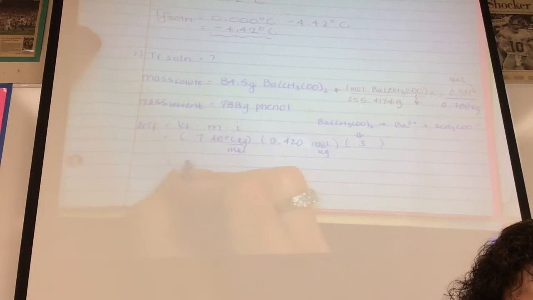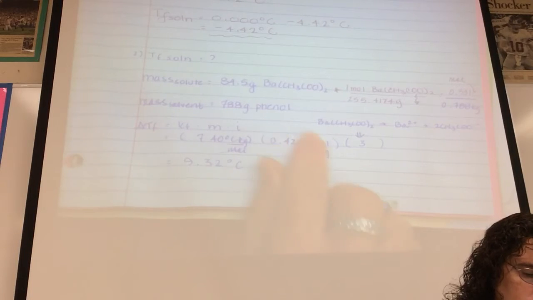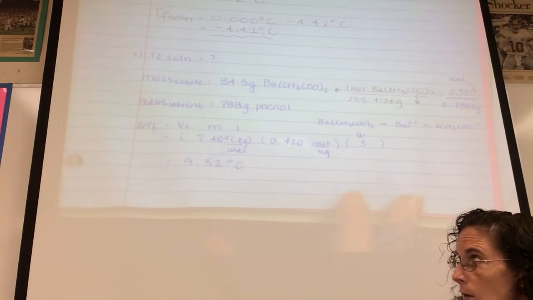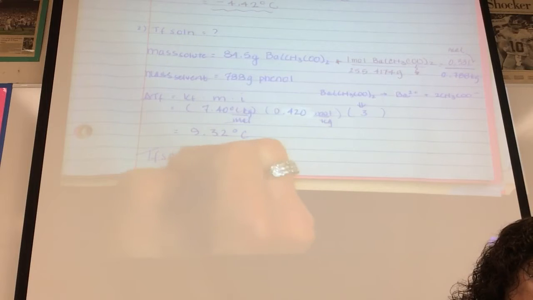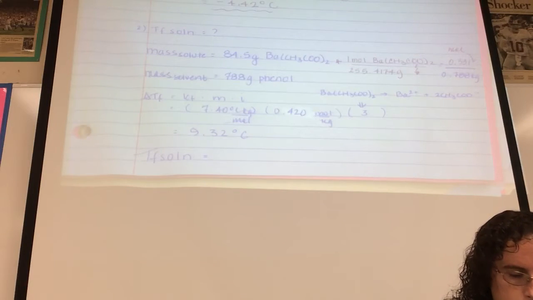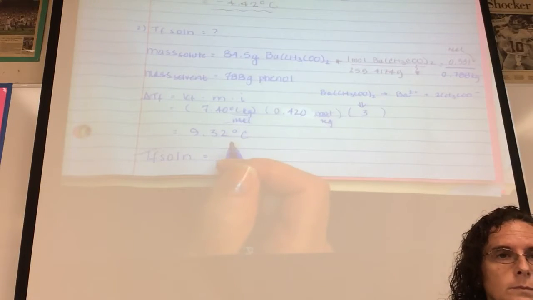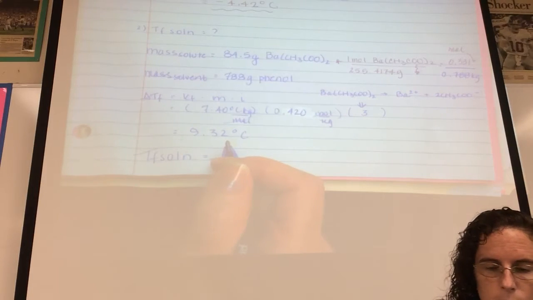Okay, so my delta TF is 9.32 degrees Celsius. The moles cancel, the kilograms cancel. And again, this is your molality from dividing here. And then your freezing point of the solution, how do you calculate that? Which is what?